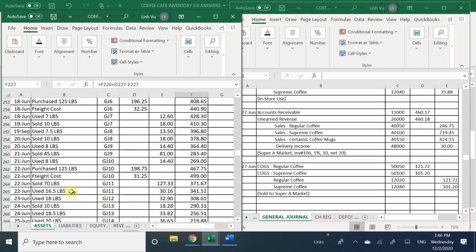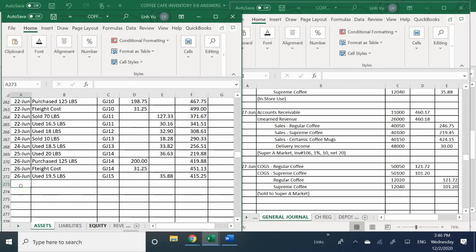And then we go right underneath to the Supreme Coffee, and the date, and we sold 55. General Journal 15, the column of 101.20, making the new total $314.05.